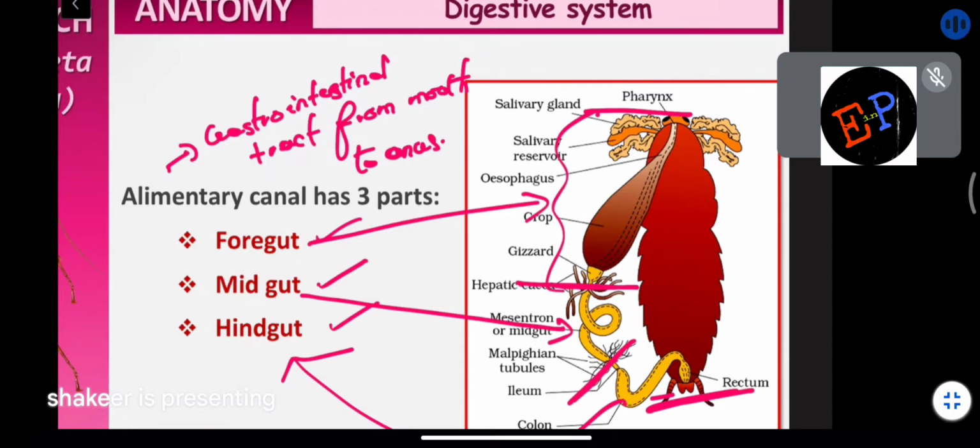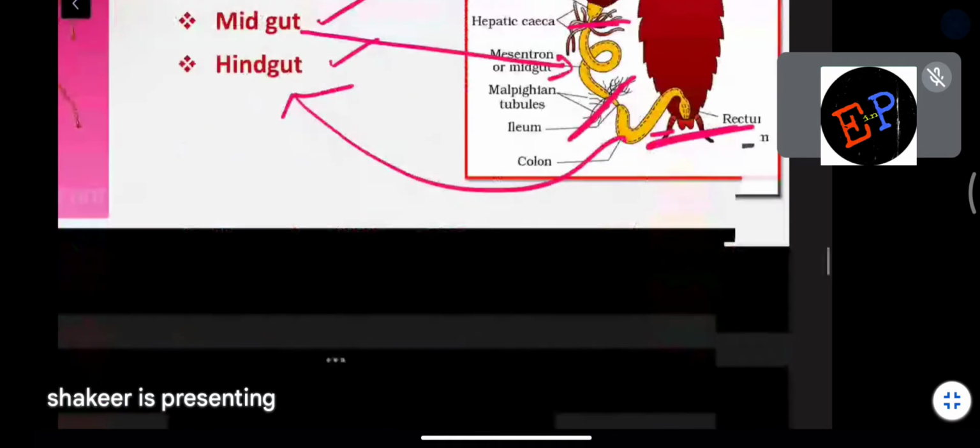Starting from the mouth to here, you are seeing this. What is this region? Hepatic caeca. You are seeing, no, ma? Up to this hepatic caeca, this is called the foregut, and the region between the hepatic caeca and the Malpighian tubules is called the midgut. And from the Malpighian tubules up to the anus, we can call it the hindgut. So these are the three parts.